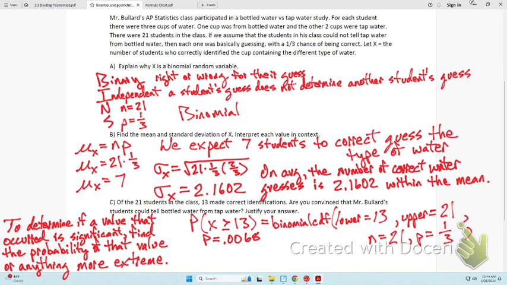So let's make sure we answer the question. When we do this, we need context, we need to refer to the probability, and answer the question.